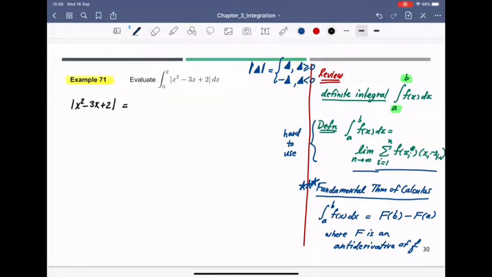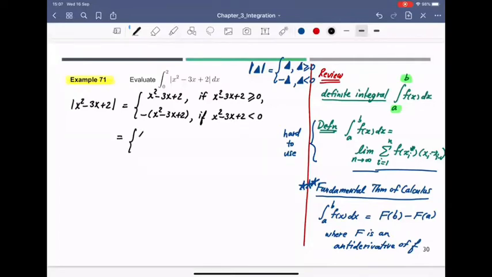So this is x squared minus 3x plus 2 if the thing inside is positive, and negative of (x squared minus 3x plus 2) in parentheses if x squared minus 3x plus 2 is less than 0.